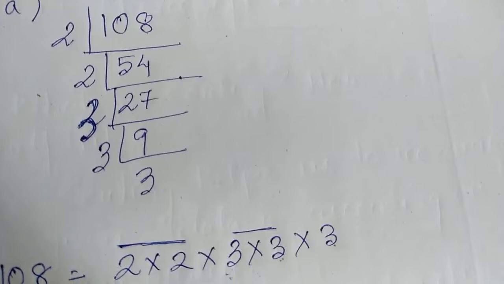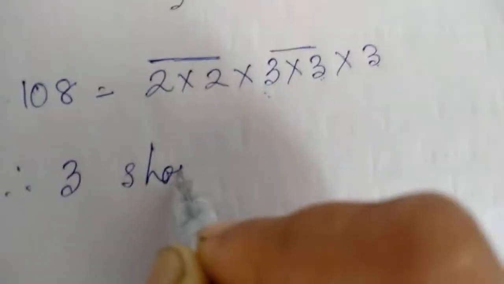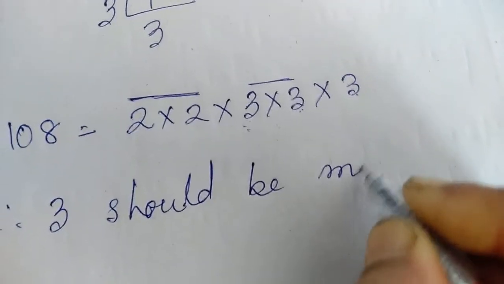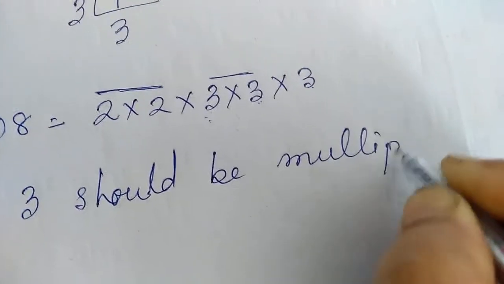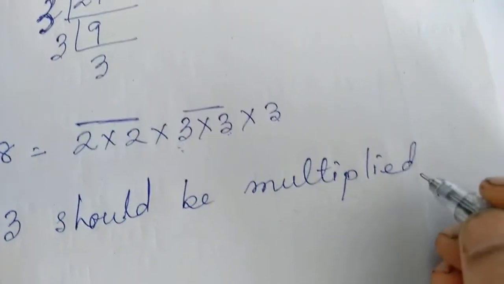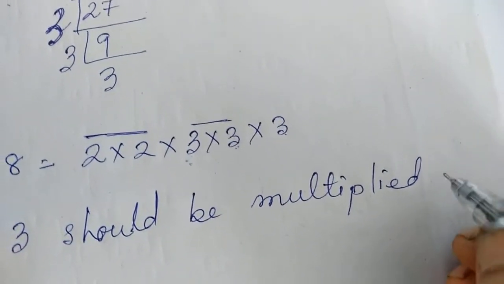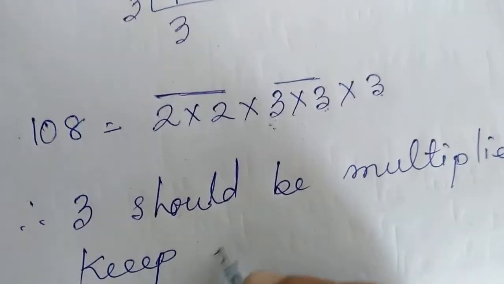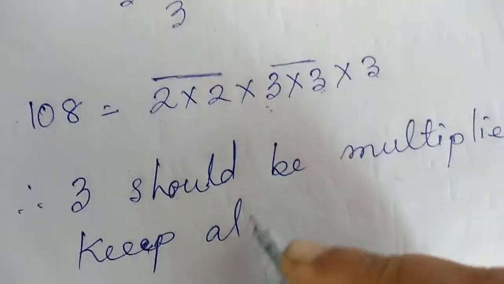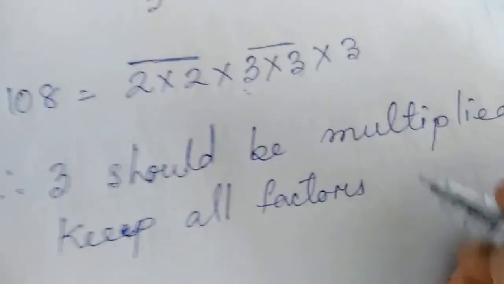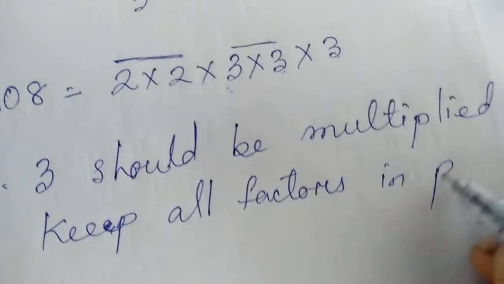Therefore 3 should be multiplied to keep all factors in pair.